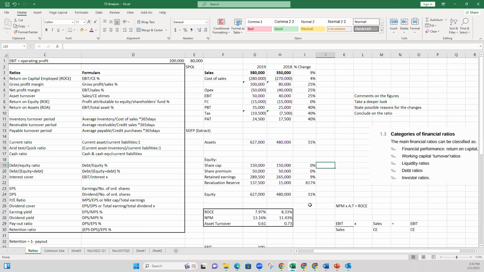It's earnings before interest and tax, which is 50,000, divided by capital employed, which is 627,000. That's correct.